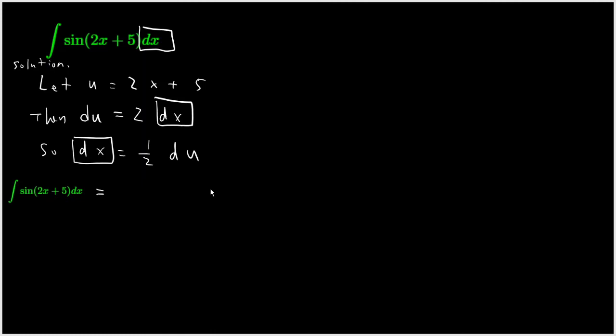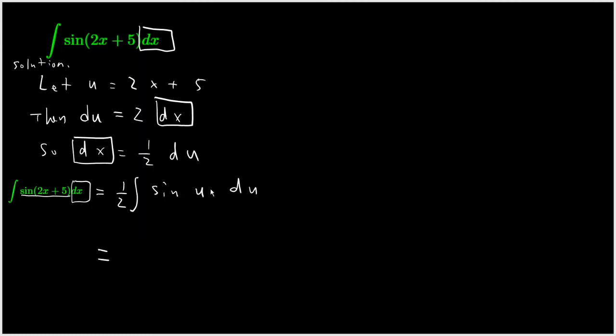So the integral now in terms of u, the underlined function sine of 2x plus 5 becomes sine of u. And then dx, the box, becomes half of du.